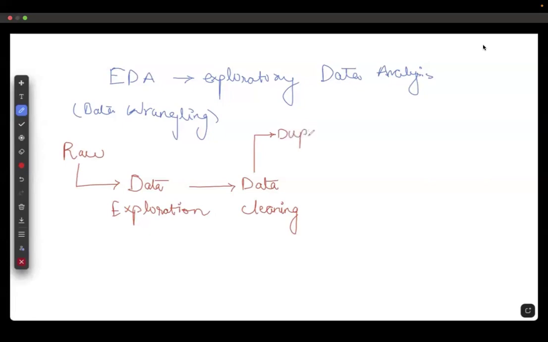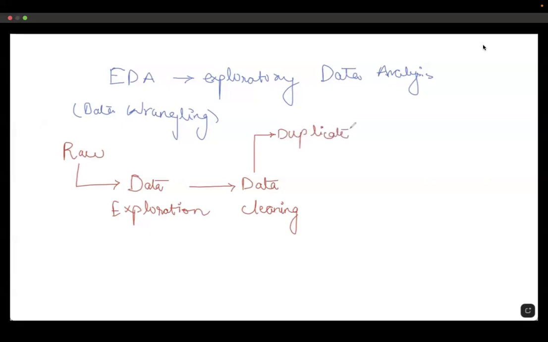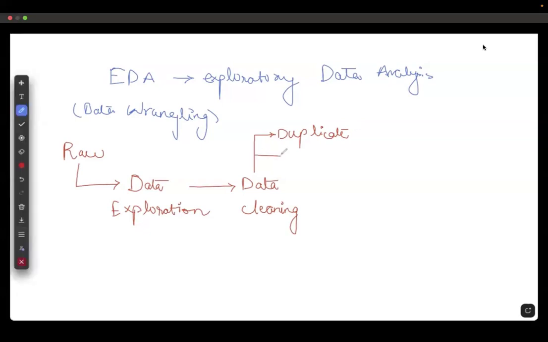And when I'm saying duplicate type of entry, which means I'm talking about both rows and columns. Okay. So first we'll try to remove duplicacy from the column side, and then we will try to remove the duplicacy from the row side. And I'm saying something is duplicate, which means something is identical in nature. Okay. Which means it carries the same meaning, same type of entries. That's when we call the data duplicate in nature.